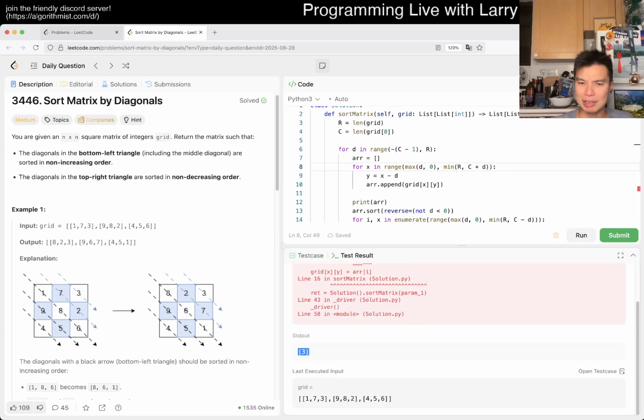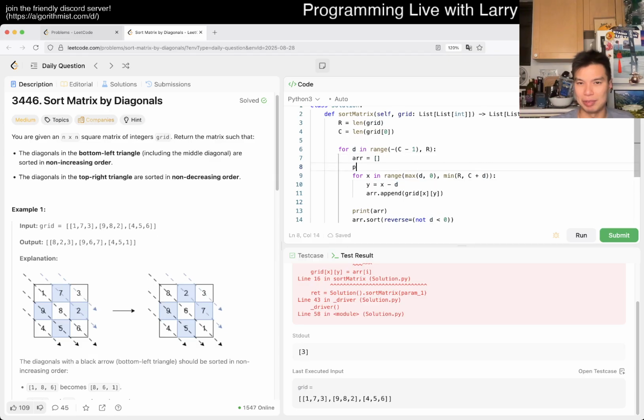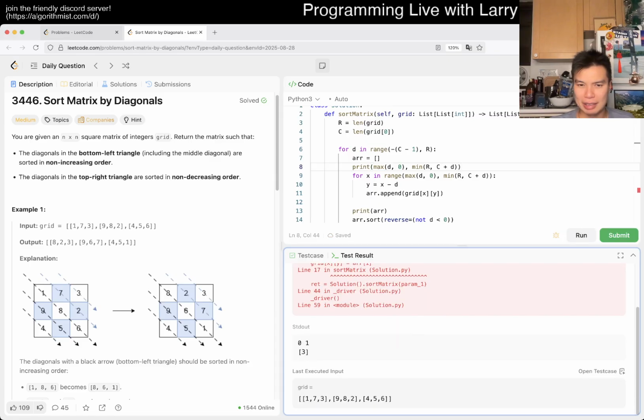Okay, so it prints out this one, but then maybe the next one is not quite right because of this. Now it's adding. I don't know, right? But we can also just print out what this is, so we can see exactly why we're going out of bounds. Yeah, because then x goes from 0 to 1.